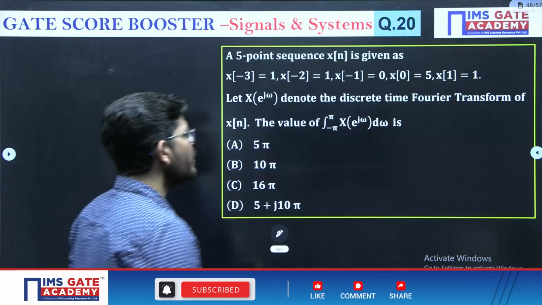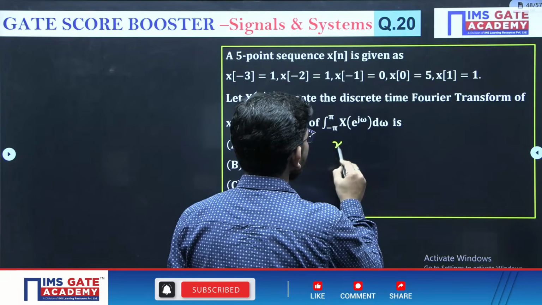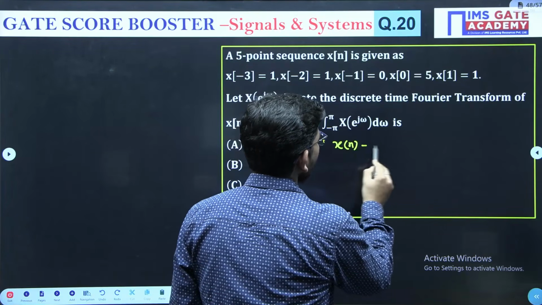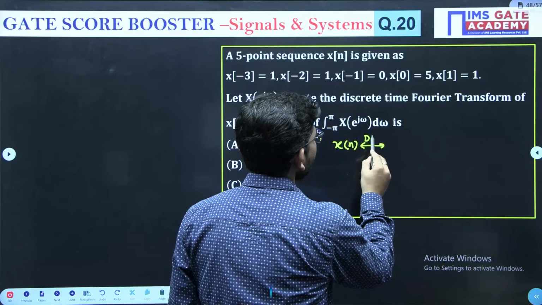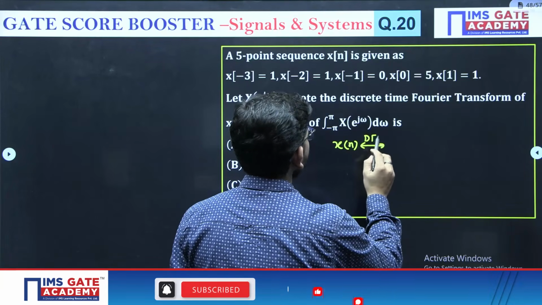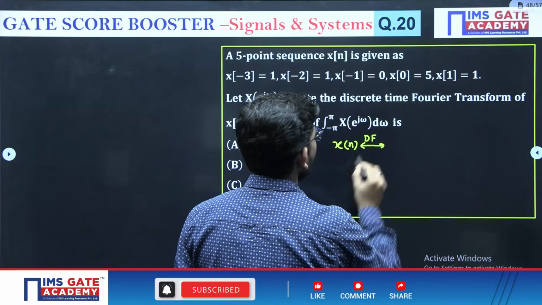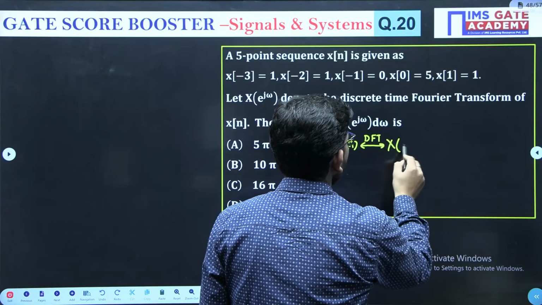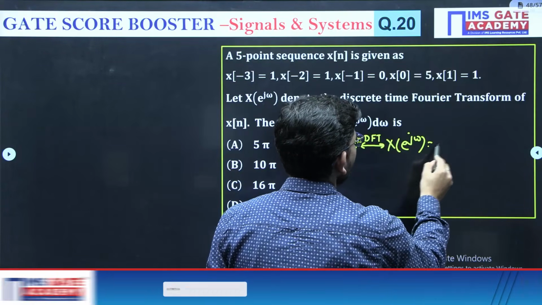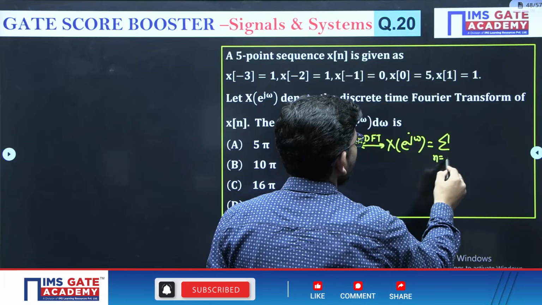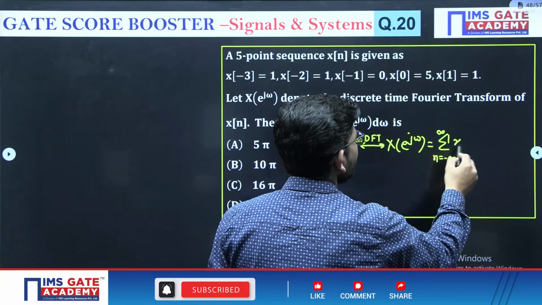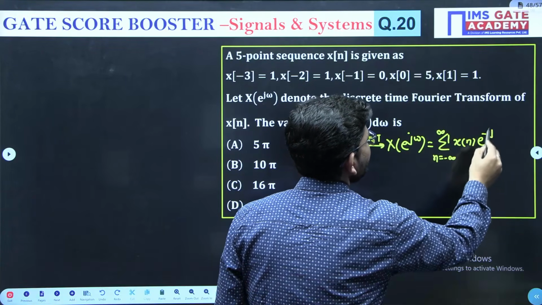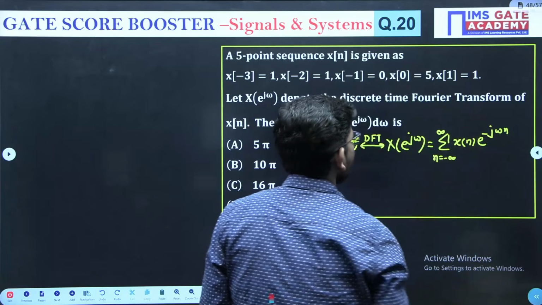Okay. I would like to draw your attention towards the formulas. If for x of n we are calculating the DTFT, then what is the formula? Summation n equals minus infinity to plus infinity x of n e to the power minus j omega n, right?